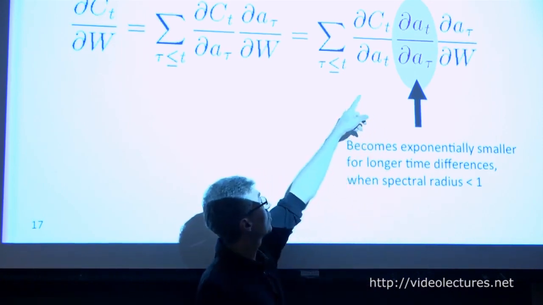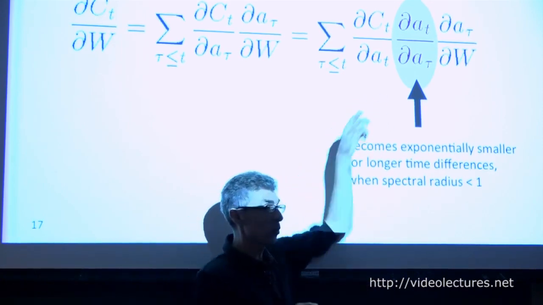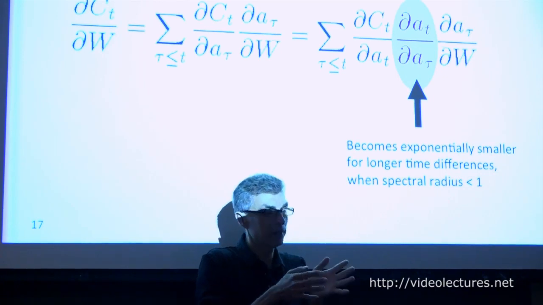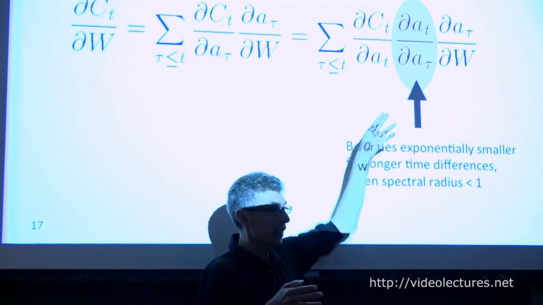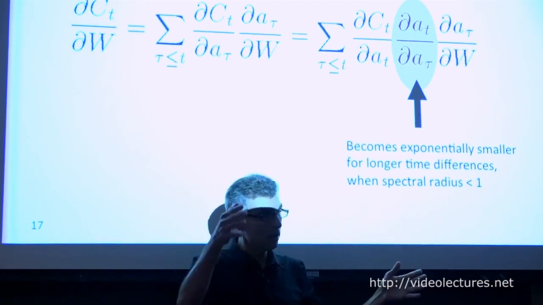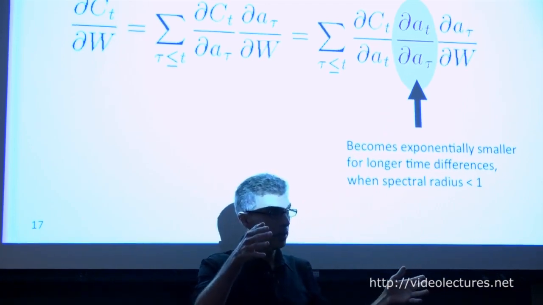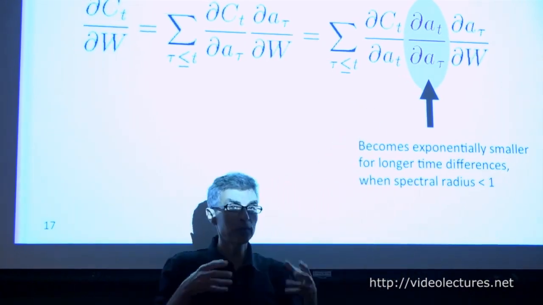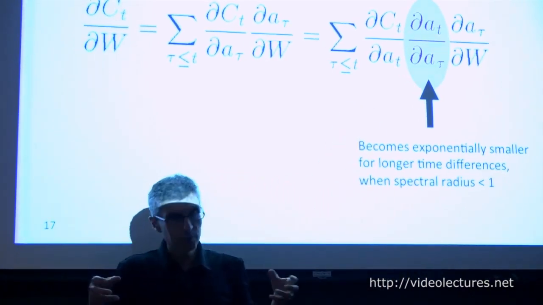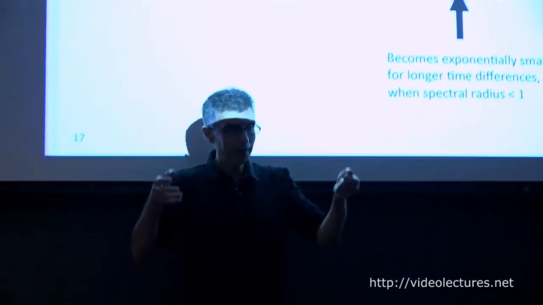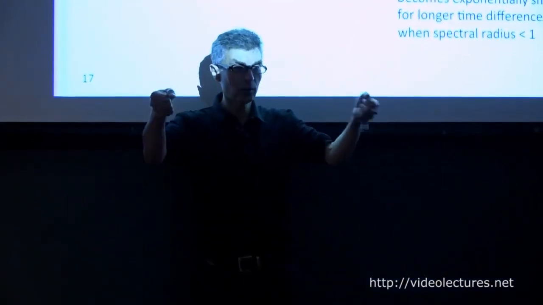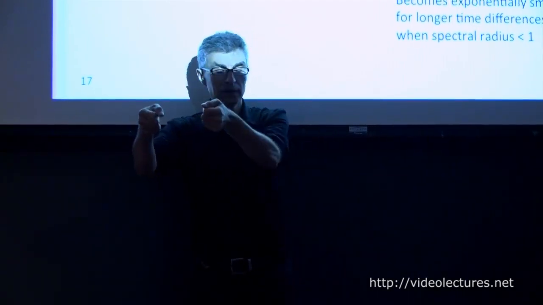So, when tau is just t minus 1, it's the effect of the previous time step on the next time step. And when tau is 1, it's the effect of the beginning of the sequence on the final time step t. So the sum here is over different temporal dependencies, different spans, where we're looking at the dependency in the sequence from here to here, or from here to here, or from here to here, right?